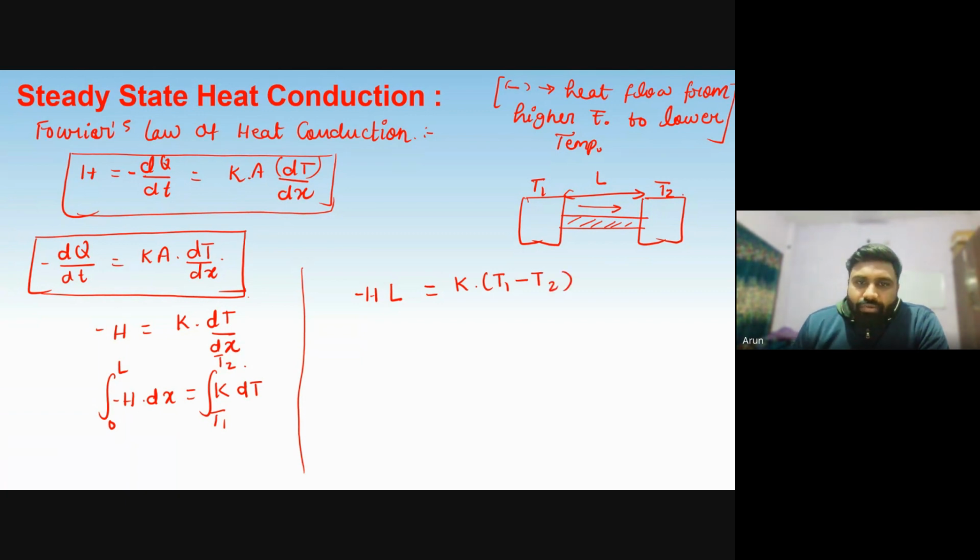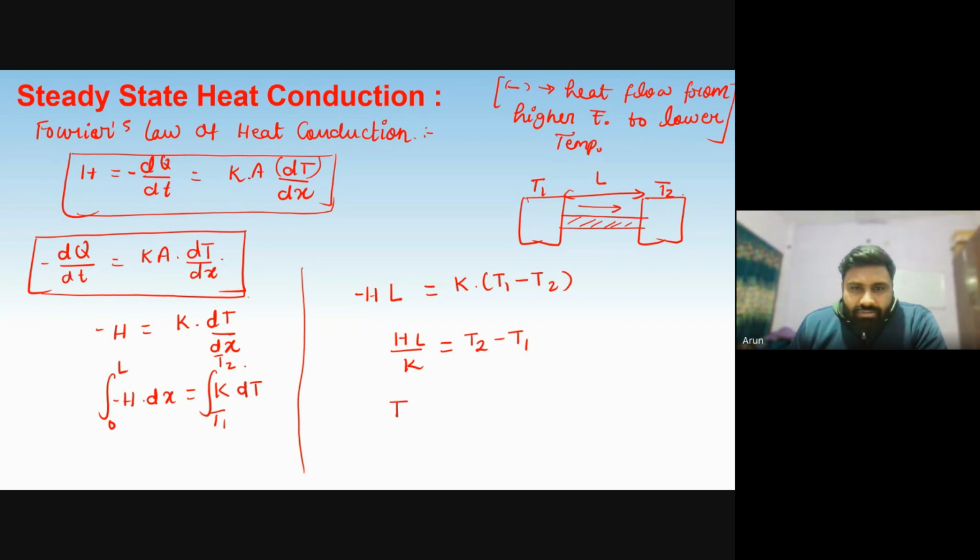So from that you can say this will become H into L upon K, (T2 minus T1). I have multiplied this minus in here.